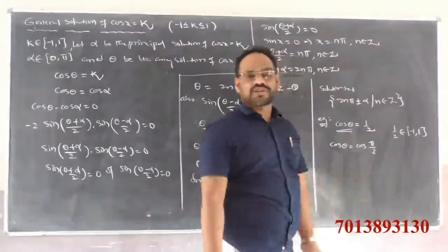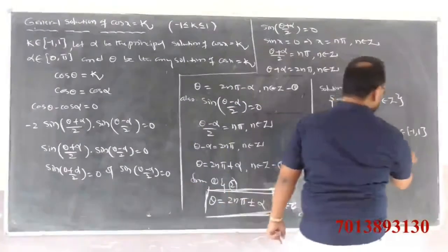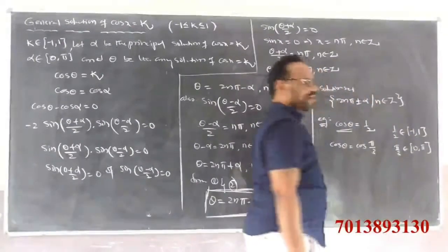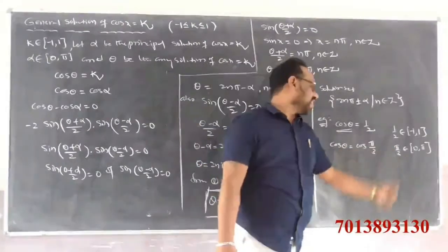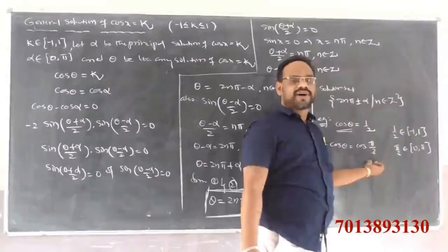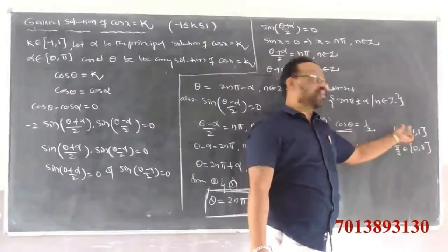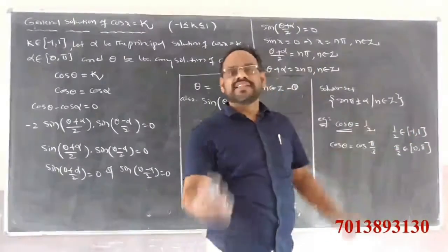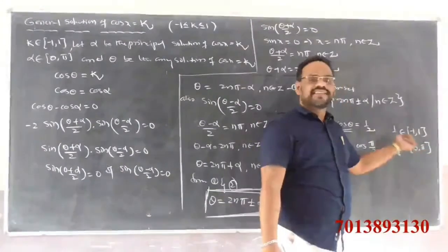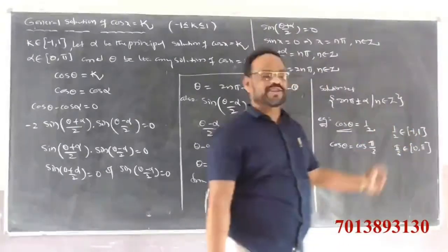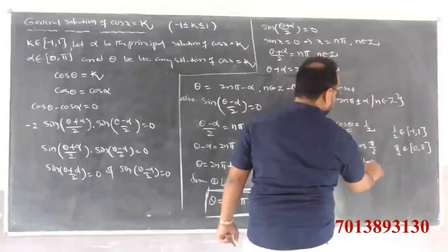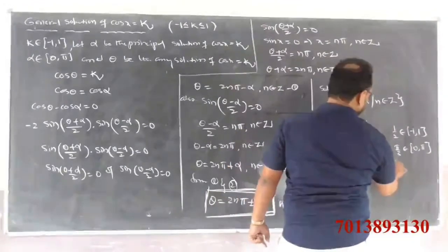So cos theta is equal to cos pi by 3. Clearly pi by 3 belongs to the closed interval 0 comma pi. So for every k belonging to the closed interval minus 1 comma plus 1, there exists a unique value of alpha in 0 comma pi, and then alpha is called the principal solution of the given trigonometric equation. So theta is equal to pi by 3 is the principal solution.